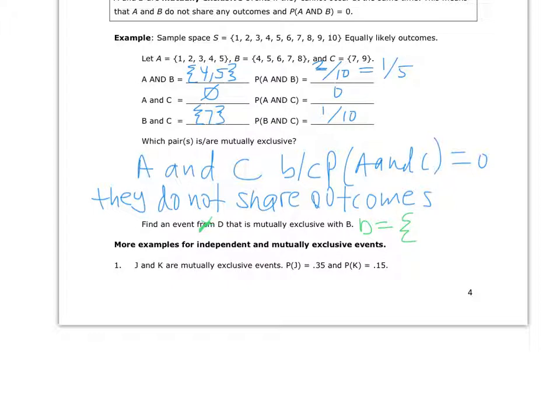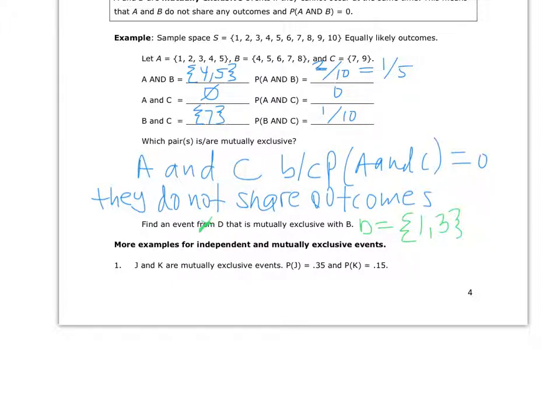One possibility: we just want an event that includes outcomes that are not included in event B. So we could choose the event 1, 3, and that would be mutually exclusive with B.